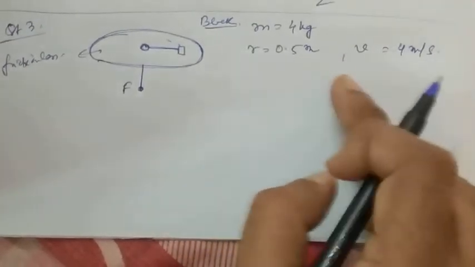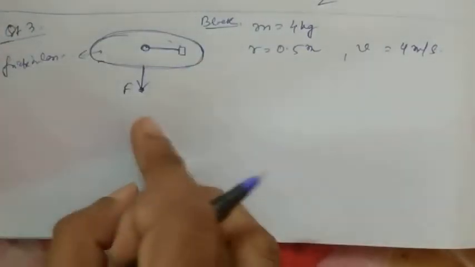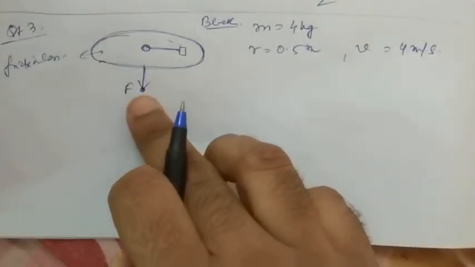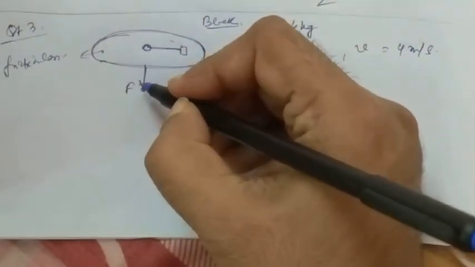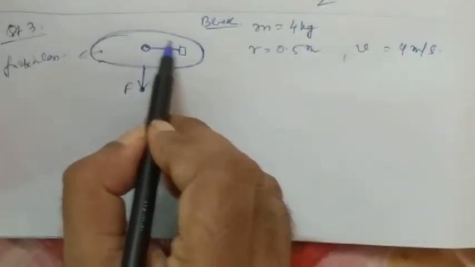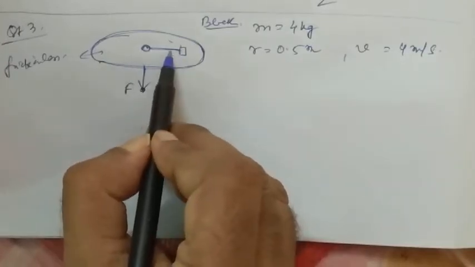Now the cord is then pulled slowly from below. I am pulling the cord downwards with force. If I pull the rope downwards, the radius with which this block was rotating gets shortened.